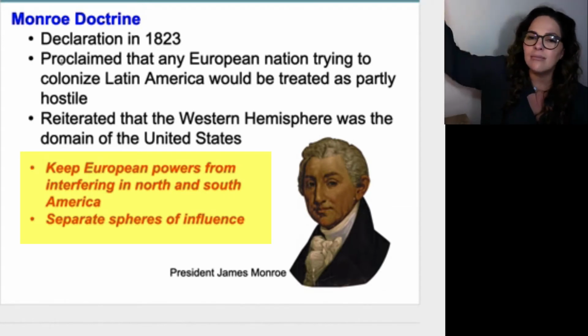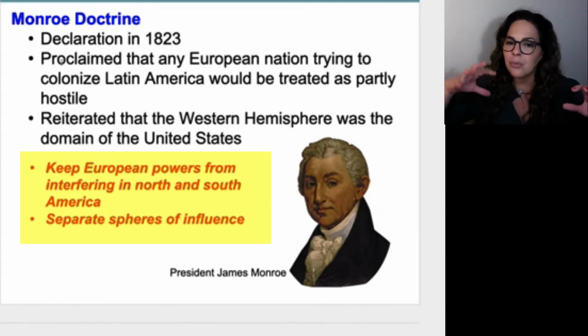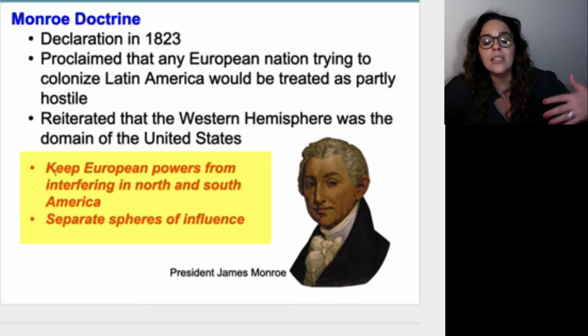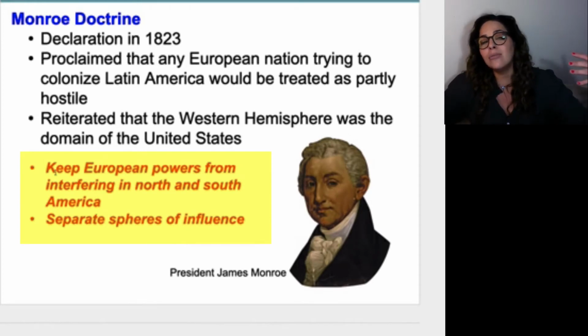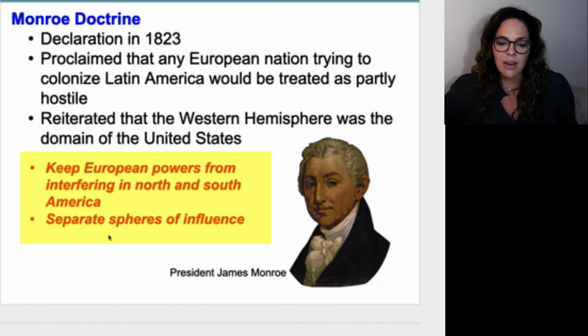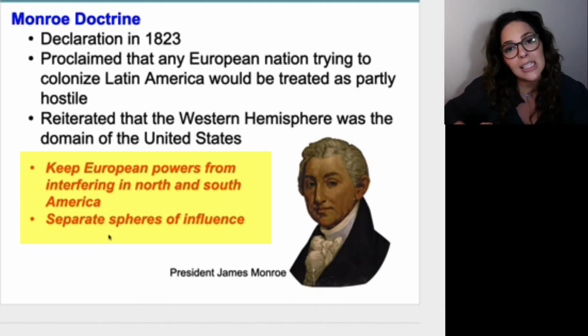European countries stay over there. The U.S. is going to reign completely on this side of the world. And so the idea here is not only to keep European powers out of North and South America, keep them from interfering, but also to establish ourselves as the most powerful nation on this side of the world.